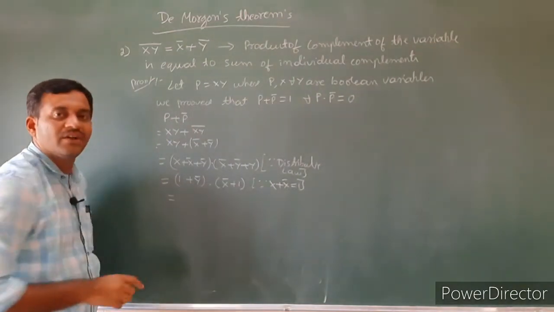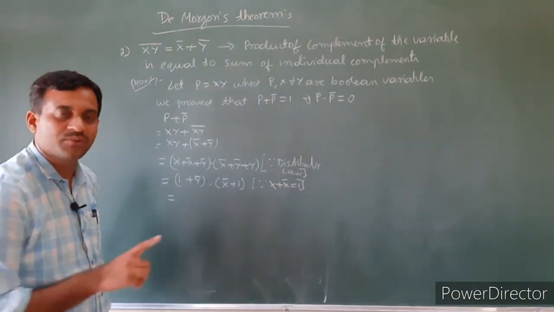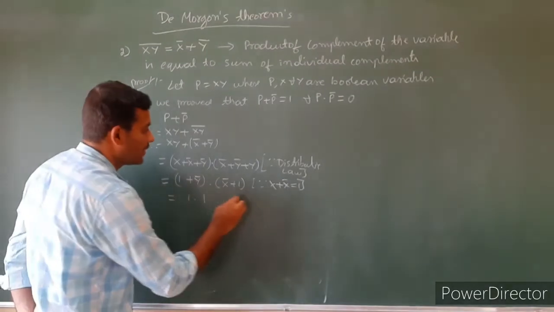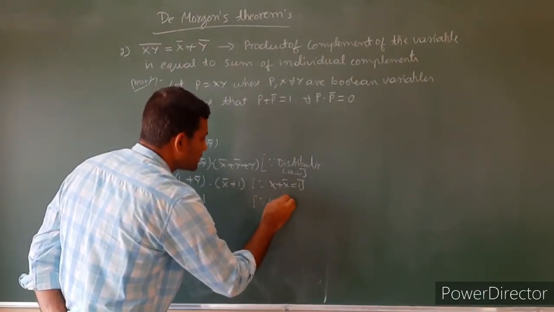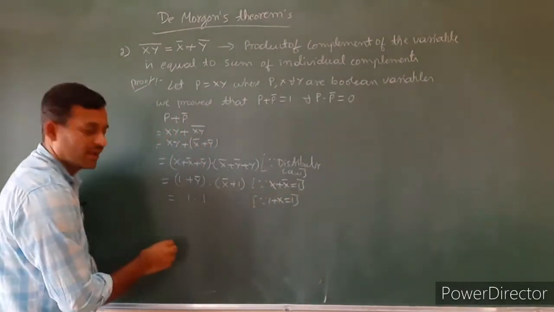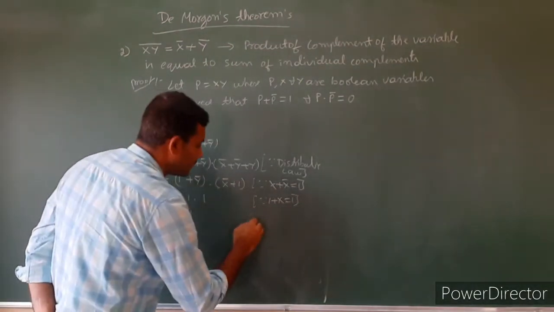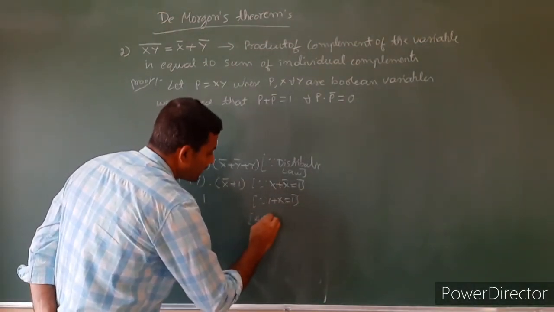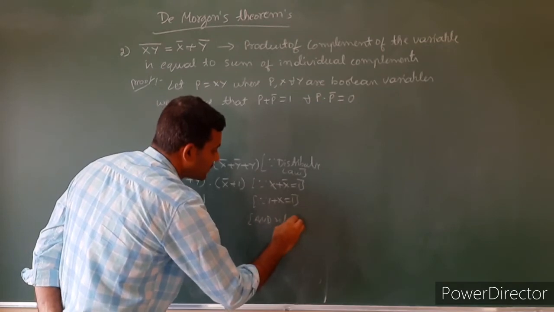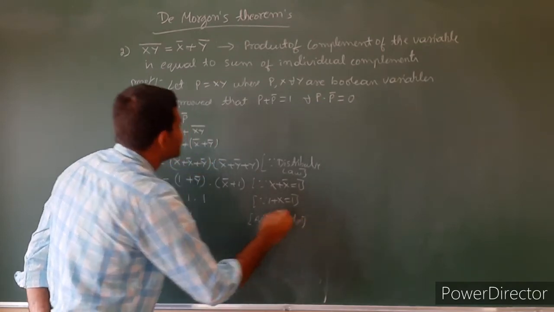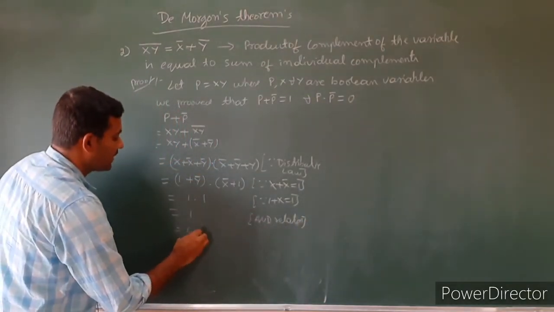Then we know that 1 plus x is equal to 1, that is 1 into 1. Why? Because 1 plus x is equal to 1. Again 1 into 1 is equal to 1. This is by the AND relation.